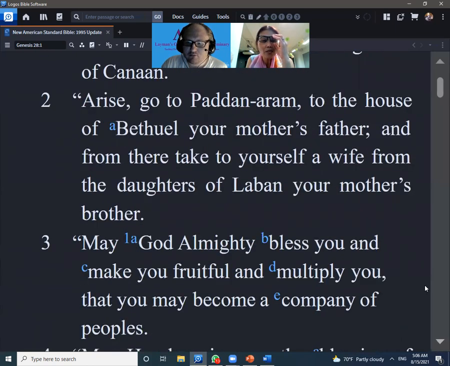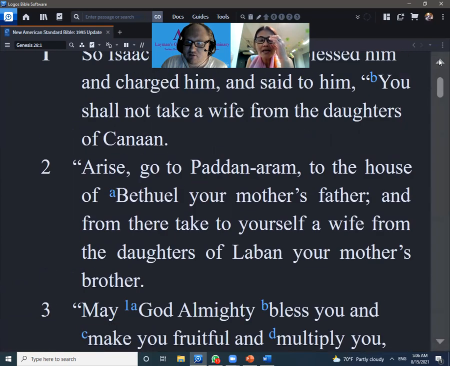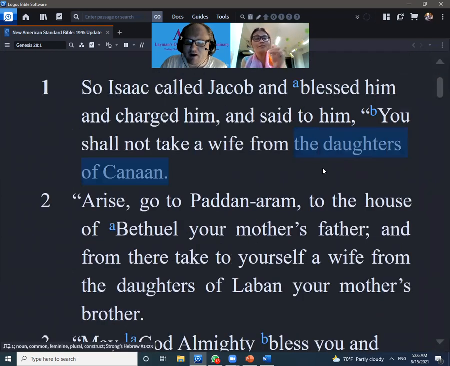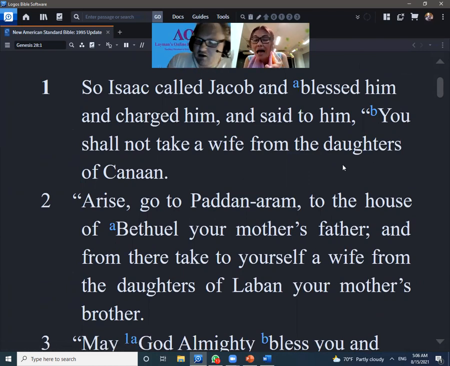Why is it not in Canaan? Canaan is the promised land, Janet. That's where the Abrahamic covenant is. That's the place of blessing. Isaac called Jacob and blessed him and charged him and said to him, "You shall not take a wife from the daughters of Canaan." You're right.